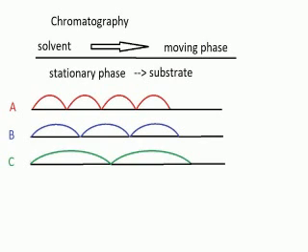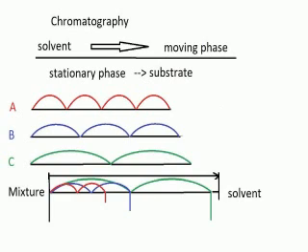And the effect we're going to see when we run the mixture is that these interactions with the surface will slow each of the components down and will cause them to spread out. C, the one that is weakly interacting with the substrate, will carry almost all the distance that the solvent covers.